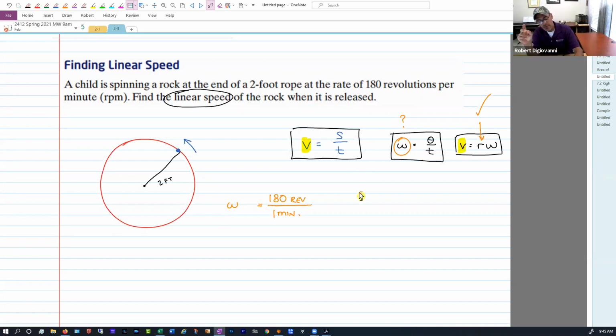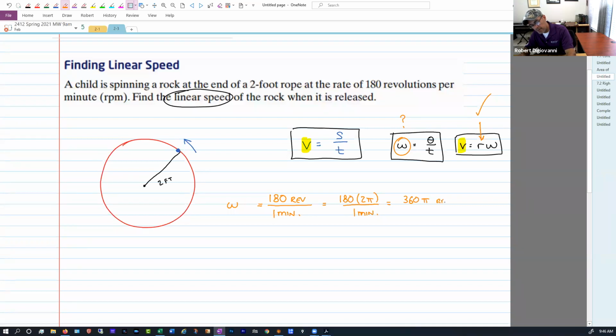So what we need to do is convert this over. We need to take 180, multiply that times 2 pi, and then divide by 1 minute. So what we get here is 360 pi radians per 1 minute.